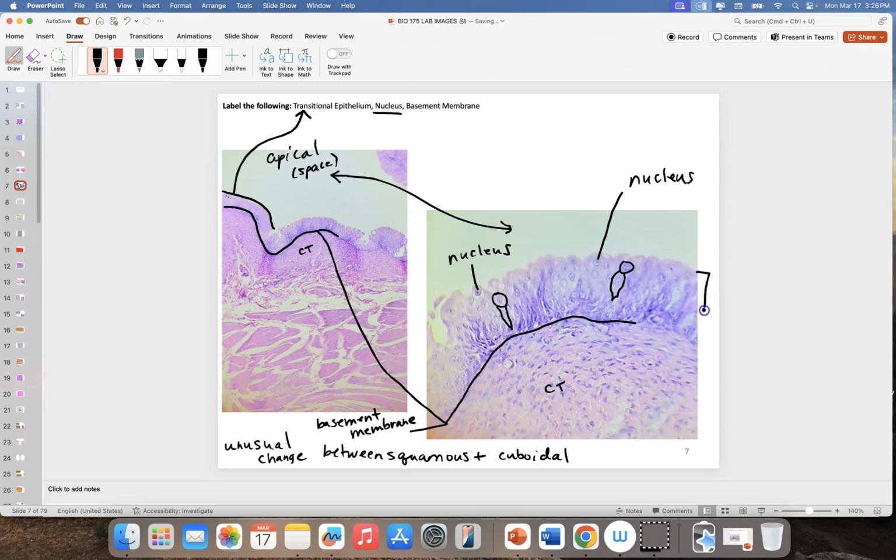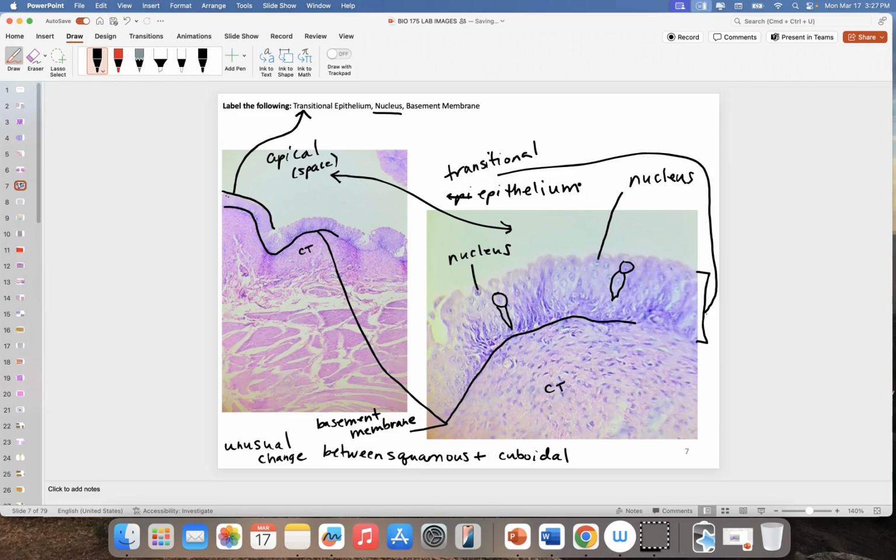Again, if I bracket out just this portion here, then this is going to be that transitional epithelium as well, just zoomed in so that we can see it a little bit better.